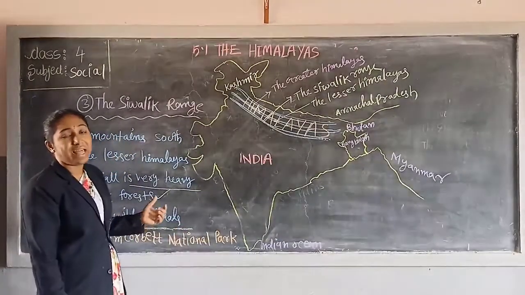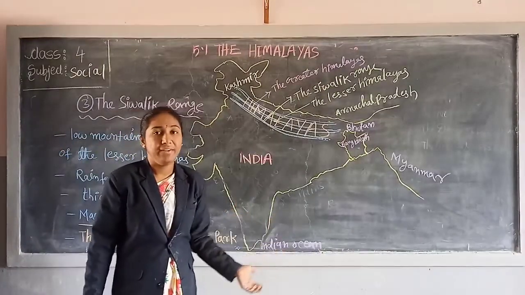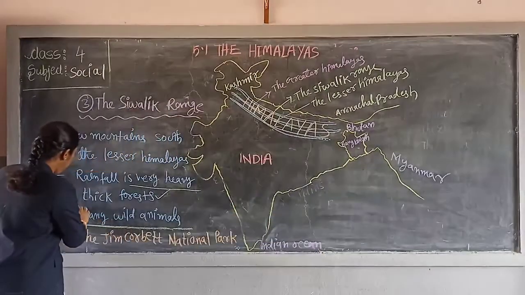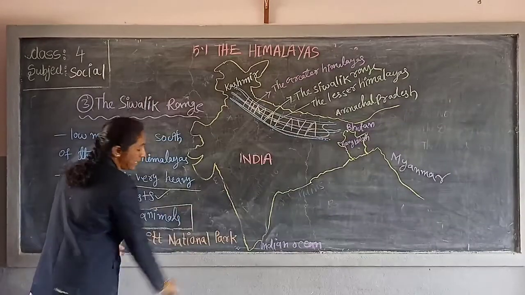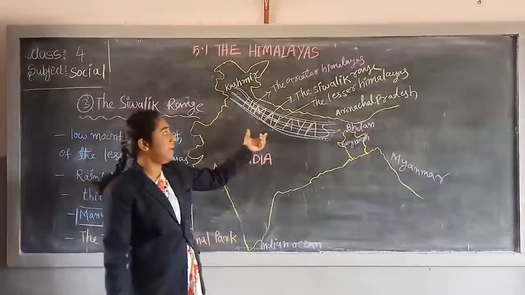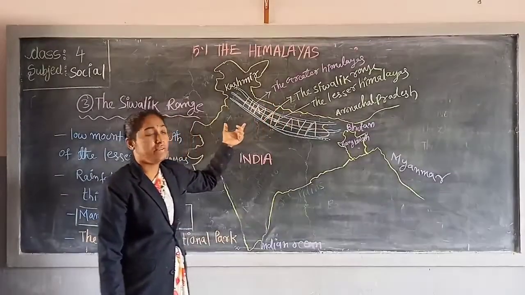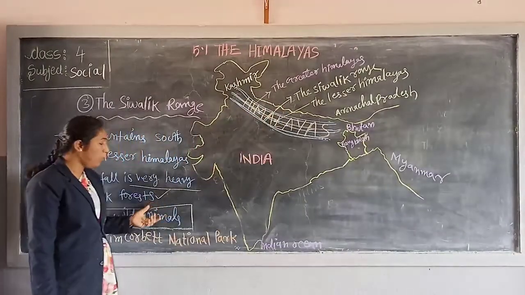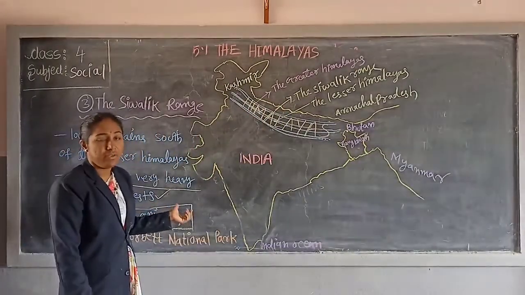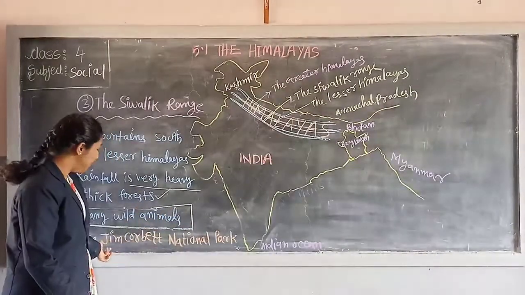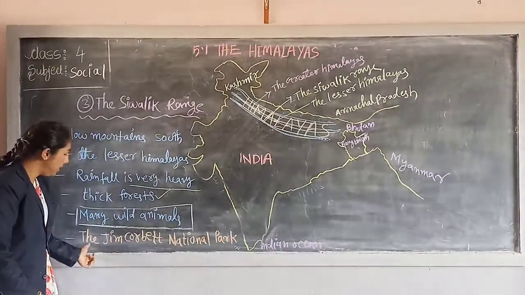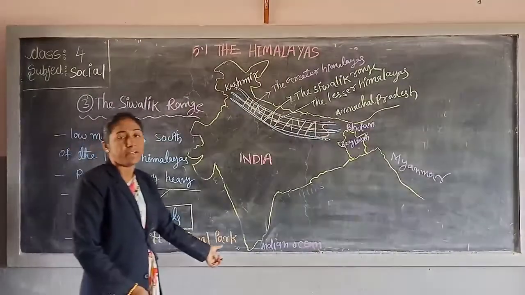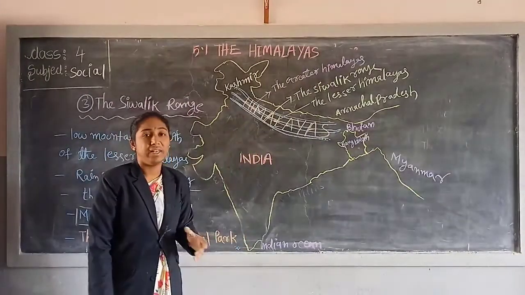Wild animals, like tiger, lion, elephant, many wild animals we can see in which range? The Siwalik range. Only in the Siwalik range we find many wild animals. And next, the Jim Corbett National Park is situated in the Siwalik range.